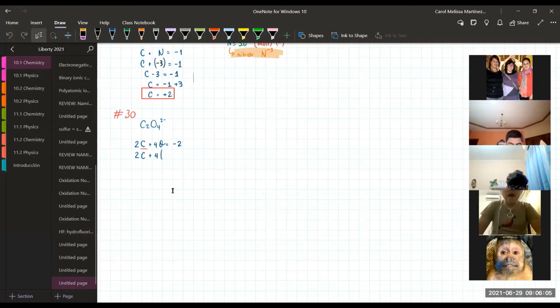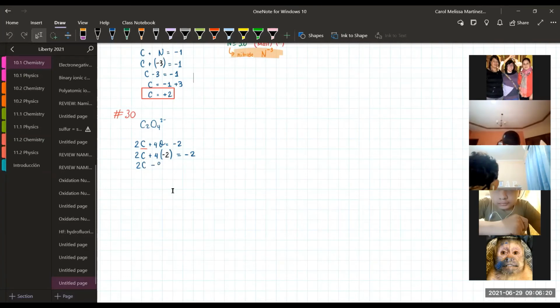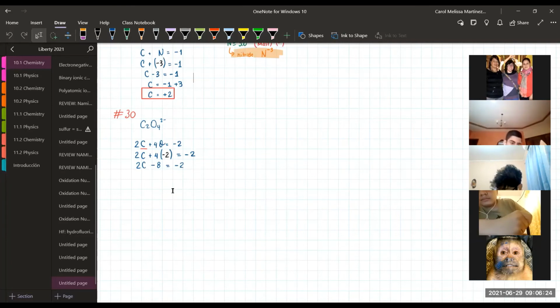The rule for oxygen tells you that the oxidation number for oxygen is going to be -2. So all this is going to be 2 carbons minus 8 equals -2. 4 times -2 gives you -8.